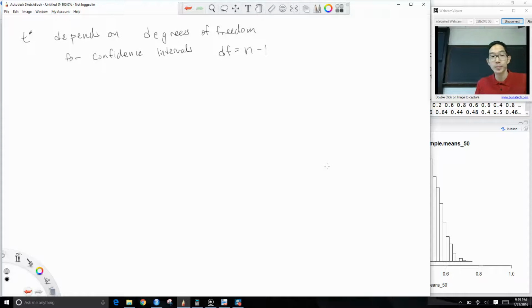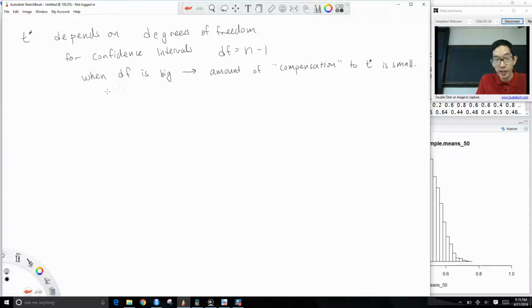Basically, when df is big, the amount of compensation to t star is small.